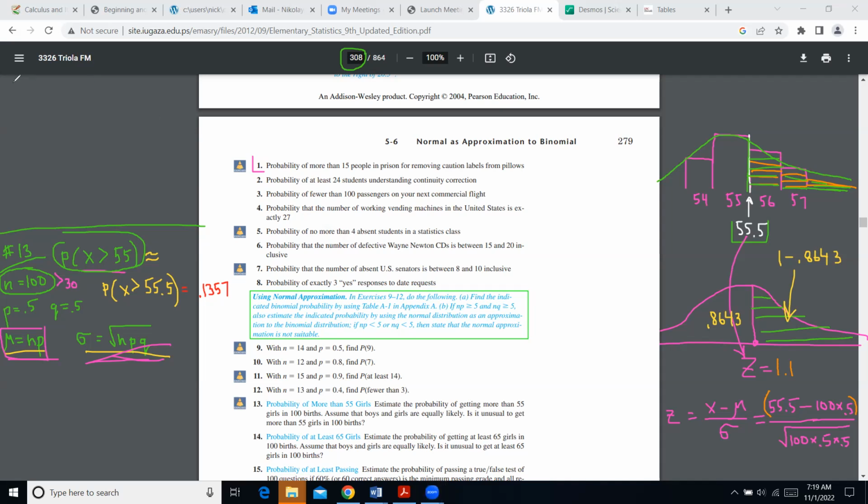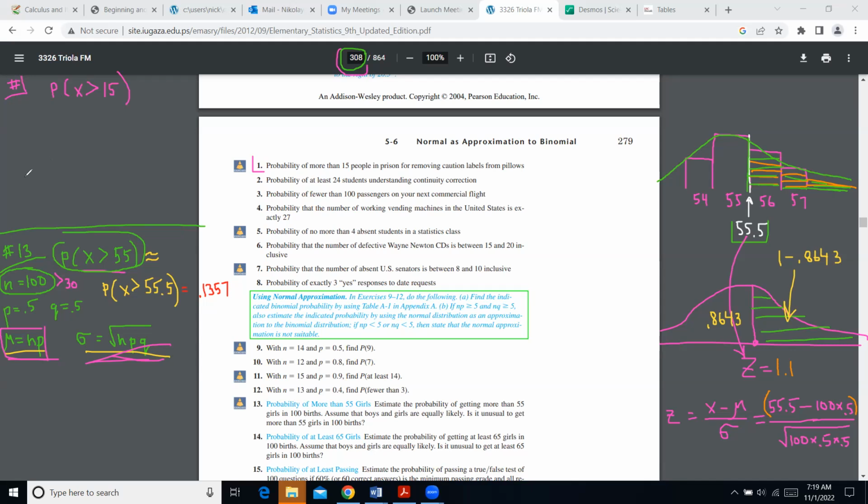So like in exercise number 1. Now we're in section 5.6. Problem number 1 on page 308, you can see it circled here, says, what's the probability that more than 15 people, X is greater than 15? That's their question.